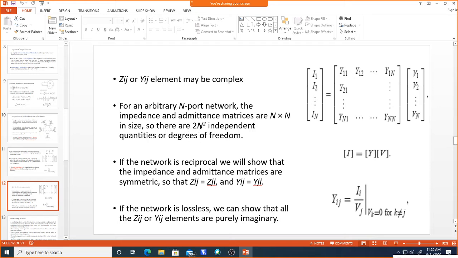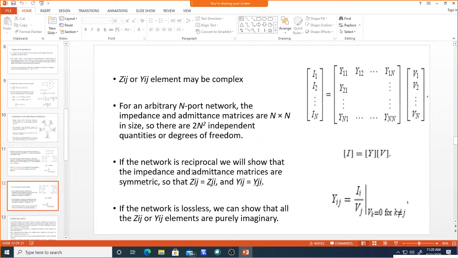For example, if I take n equal to 2, the number of variables becomes 8, because I1, I2 will be there, V1, V2 will be there, and there are 4 variables here: Y11, Y12, Y21, and Y22. So these are 4, plus 2 plus 2, totally 8. That's how you can define the number of quantities which is having variation, which is 2n square.